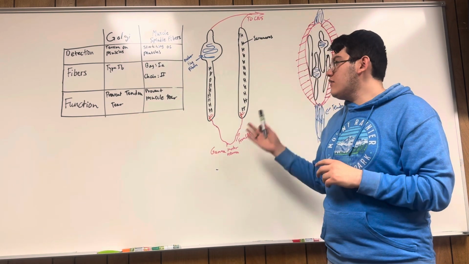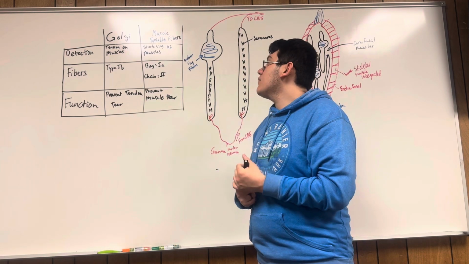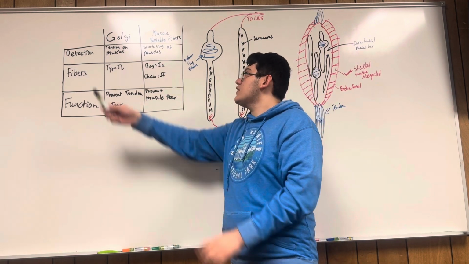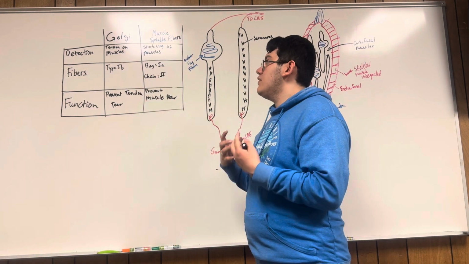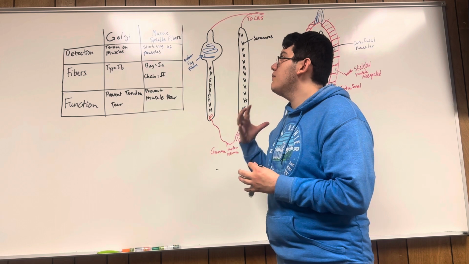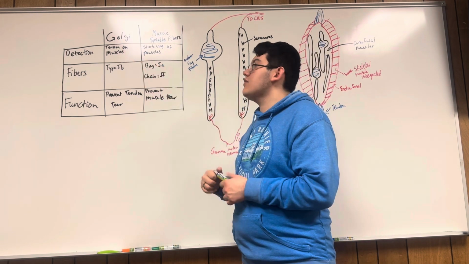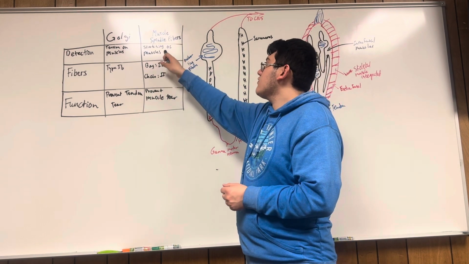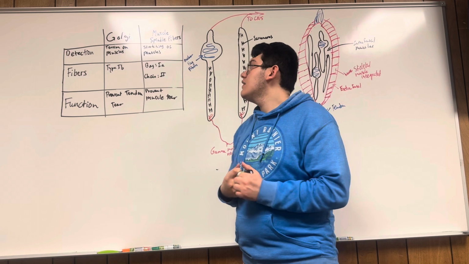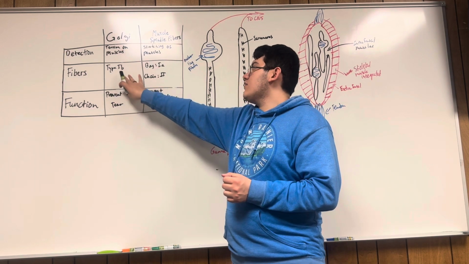Okay, now what is the difference between these and the Golgi tendon type? Well, first off, on the detection, the Golgi tendon reflex system detects that it needs to work from the tension that is placed on muscles, while the muscle spindle fiber reflex system works on the stretching of muscles. And just like that, they have different types of fibers.